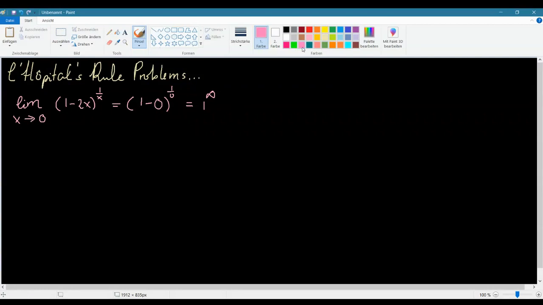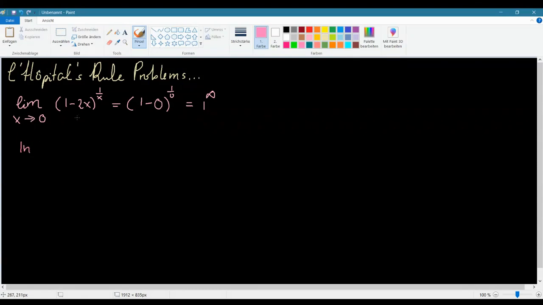So let's try to solve it with L'Hopital's rule. Well, can we even apply L'Hopital's rule yet? No, not yet. What we want to do is take the natural log of both sides so that we can get this to be a fraction, right? Because in order to use L'Hopital's rule, it has to be in fraction form. So we're going to take ln.